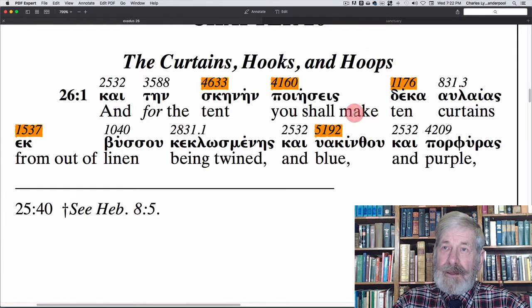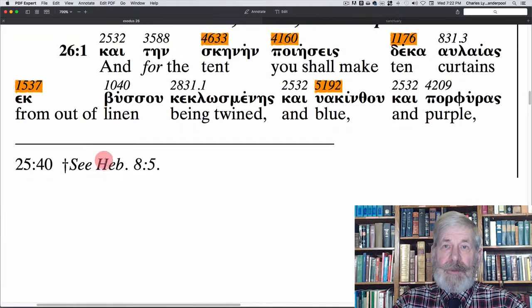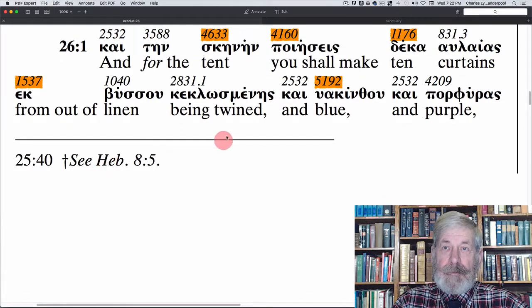And so they call it scenes, and it came from skene, a tent. So you shall make the tent, for the tent, ten curtains from out of linen, being twined.